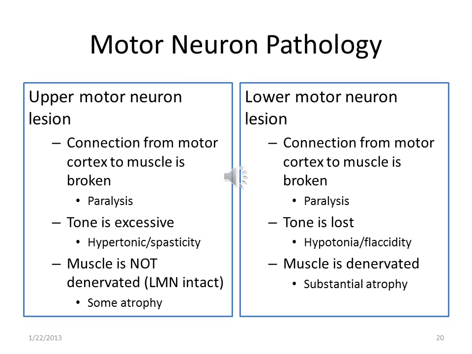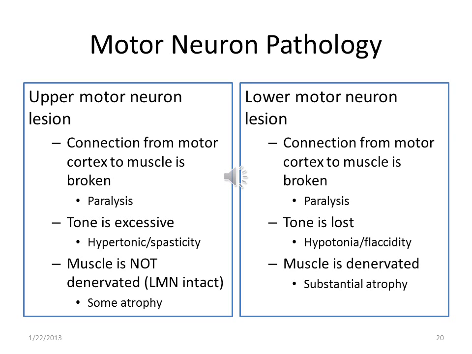In a lower motor neuron lesion, because the lower motor neurons to the muscle have been damaged, the muscle is directly denervated and there is substantial atrophy or shrinkage of skeletal muscle. This is a result of the loss of acetylcholine, which is supposed to be released at the neuromuscular junction and helps to maintain health and the normal size of the muscle.